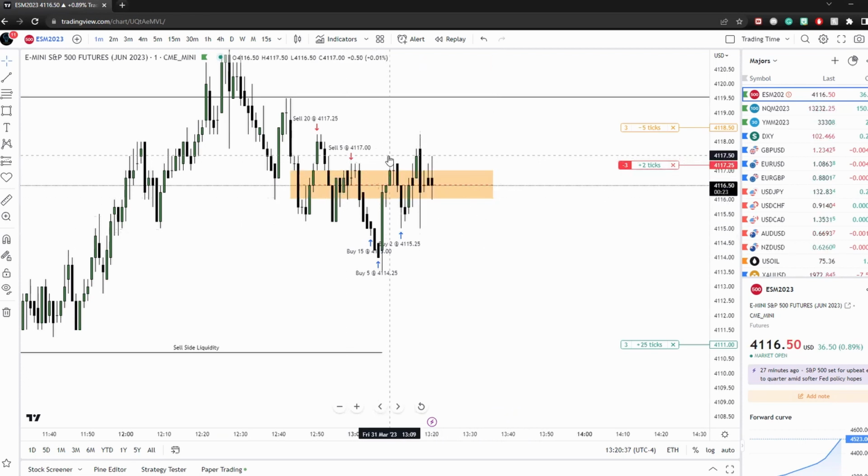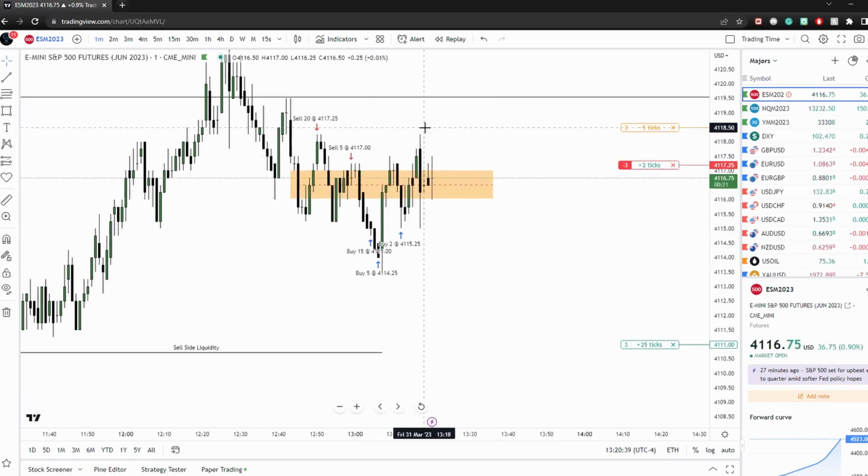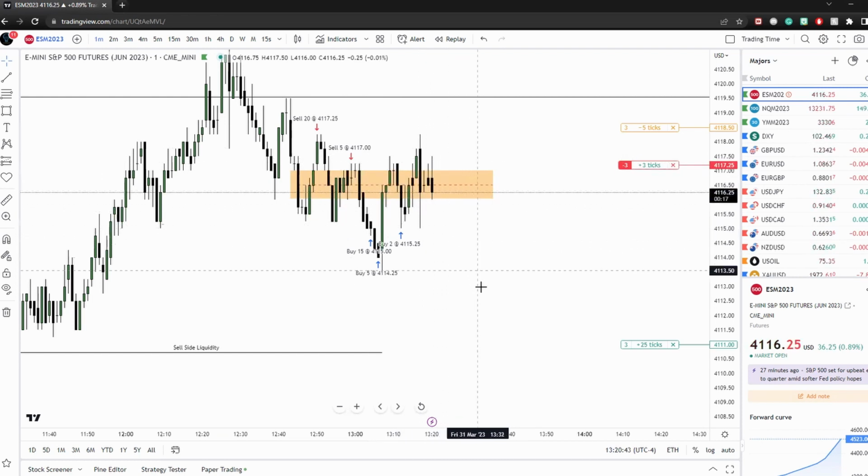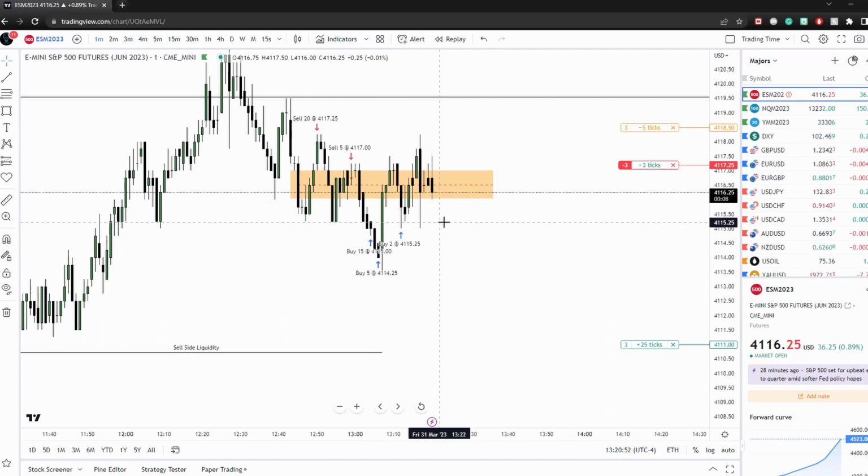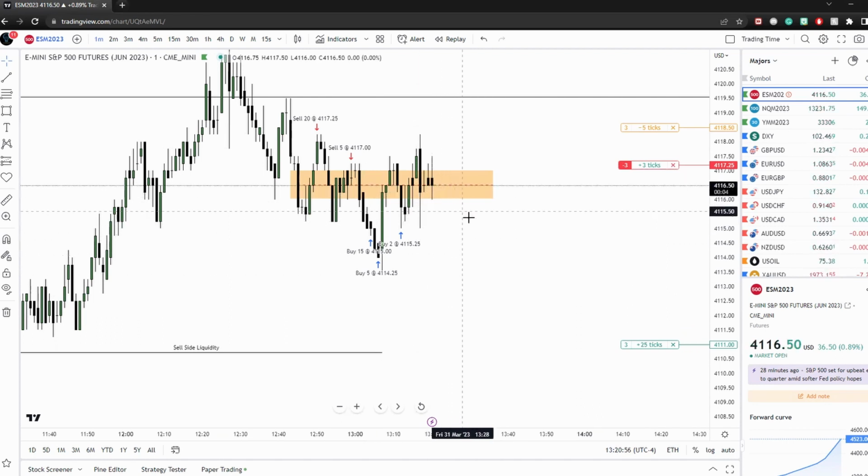We see buy stop taken out, retracement, buy stop taken out, big displacement lower, retracement, looking for that next second leg expansion to take out these levels here. I'll give it about 5 more minutes to really push lower. That's what I'm looking for.